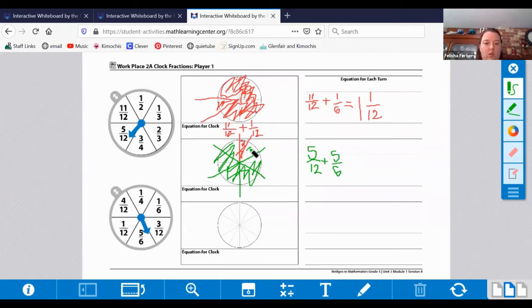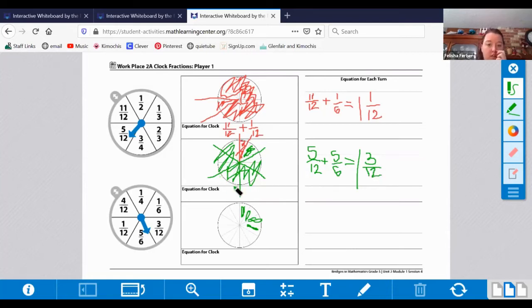So here's 1, 2, 3, 4, 5. Equals. So if I take that and cover that one up, it gives me 1 and, well, that's a big one. 3/12.